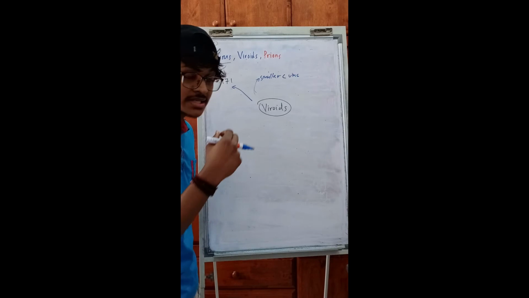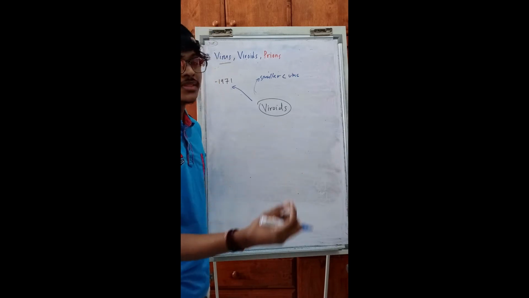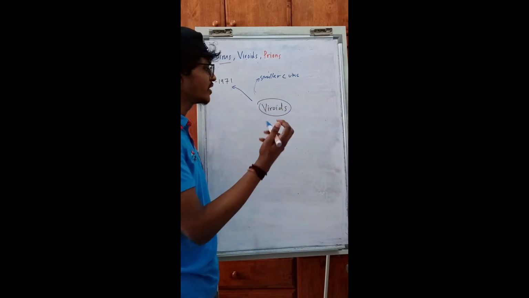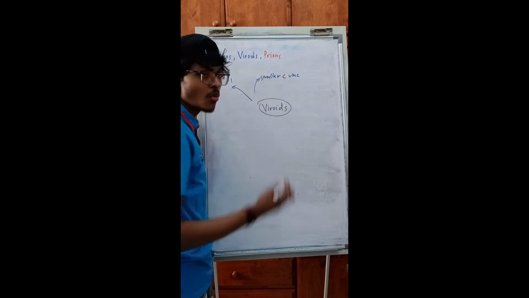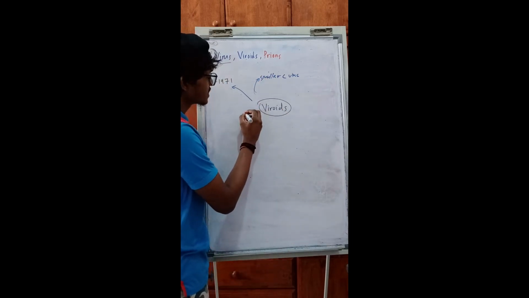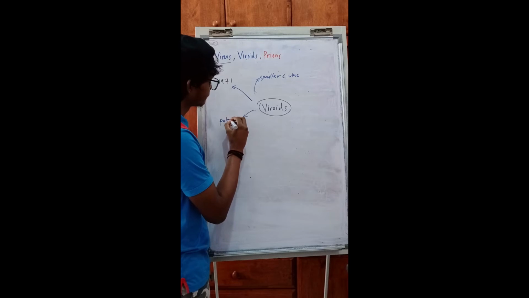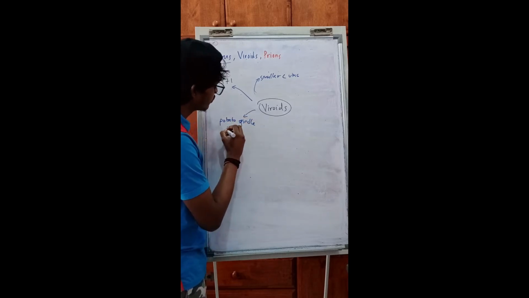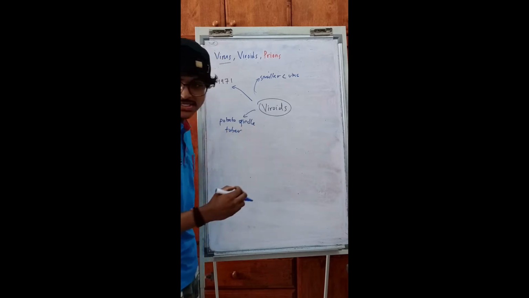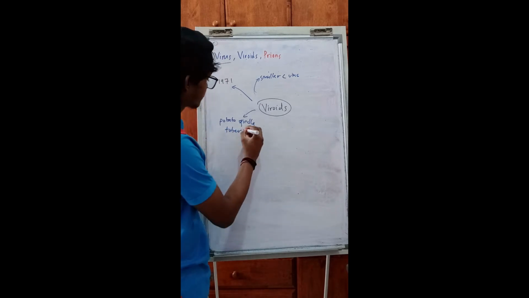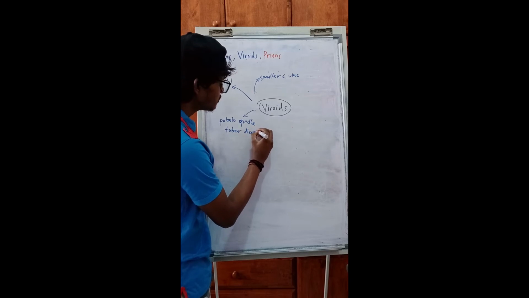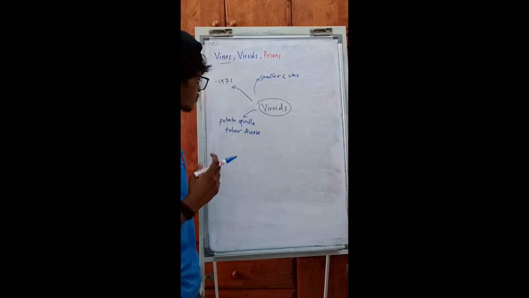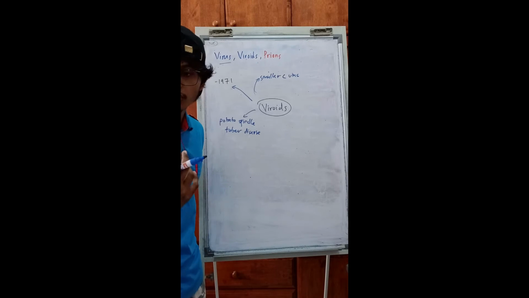First they discovered the disease, and when they looked for what was causing it, they found the viroid, which is much smaller than a virus. So what was the disease? Potato spindle tuber disease. Potato spindle tuber disease occurred in potatoes.